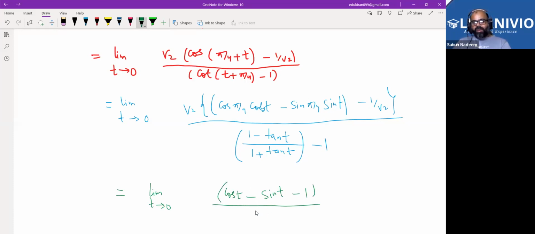So 1 and 1 will cancel and it will be minus 2 tan t upon 1 plus tan t, like this. It's a little lengthy question. It has been asked in JEE.